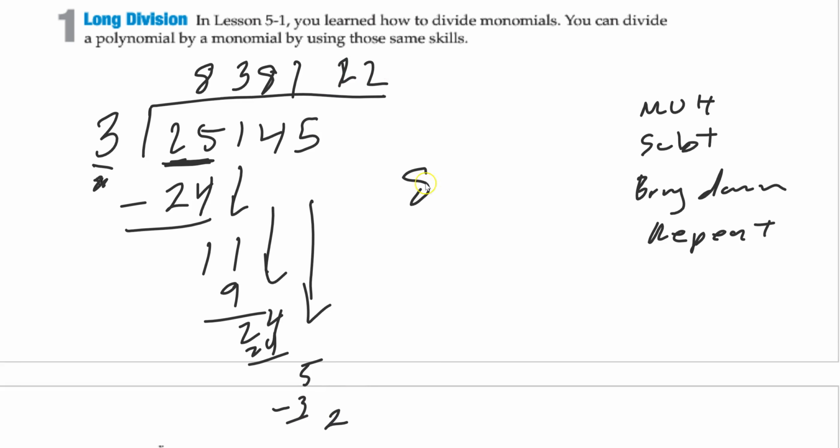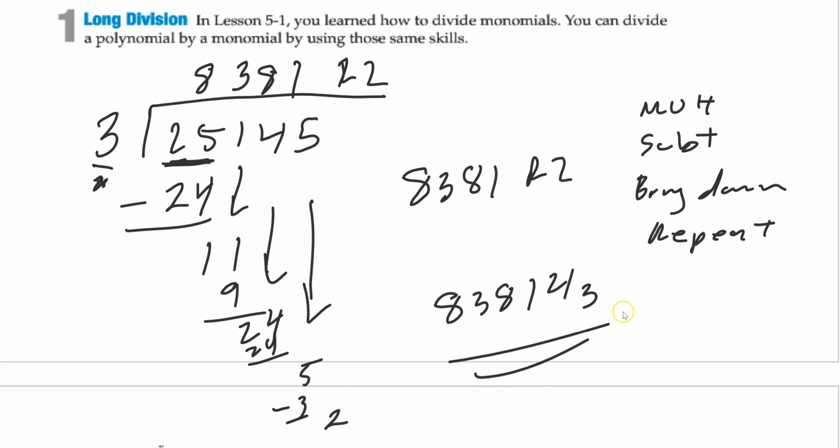So my answer is 8,381, remainder 2. That's one way to write this. Another way to write the remainder, a more mathematical way, is 8,381 and then your remainder over what you divided by, 2/3. So those are equivalent. Either way is fine: 8,381 remainder 2, or 8,381 and 2/3.